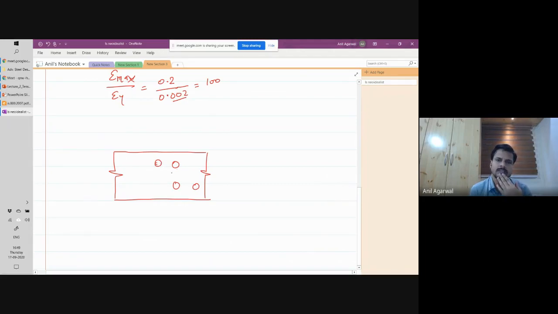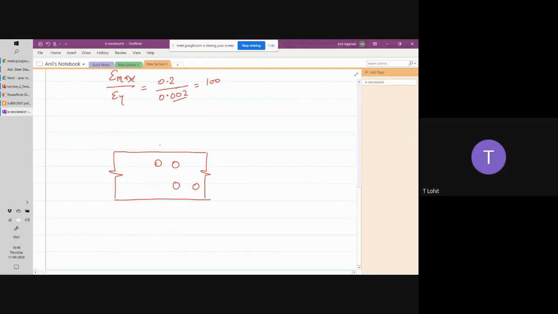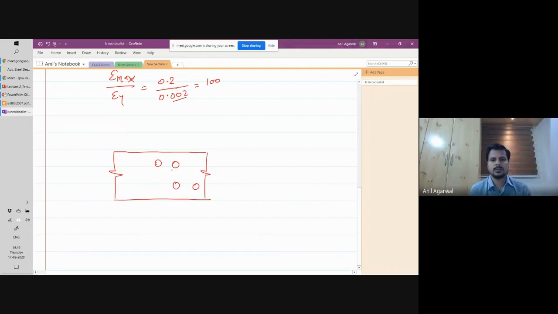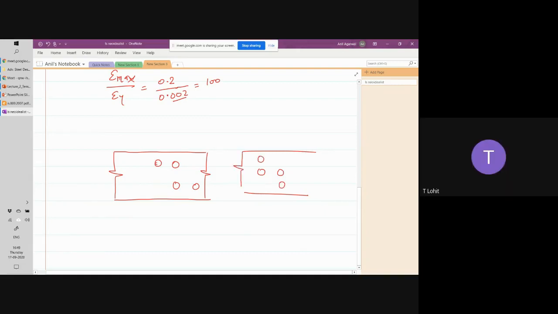I think I had given a slightly different example here: 2 holes in the vertical direction and 2 holes in this direction. Yeah, maybe somewhat like this.